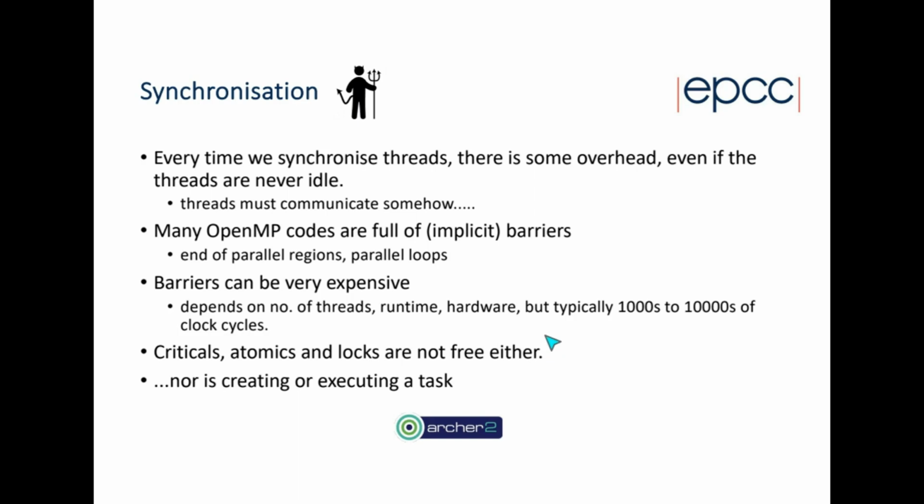So in terms of clock cycles, it's thousands to tens of thousands of CPU clock cycles to execute a barrier. And similarly, there's some overhead for criticals and atomics and locks. It's not as much as barriers, but they're not free either. And also things like creating a task and executing a task require some internal synchronization to make that happen.